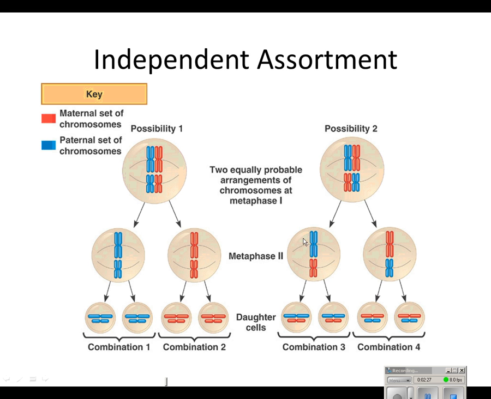So here we get one of the big paternal and the small maternal, and here we get the big maternal and the small paternal. So it's just randomly assorting the chromosomes, which have different genes on them. So now if one of these were a sperm cell, it combines with a randomly combined egg cell, and we get genetic variation. So the two ways that we get genetic variation through meiosis are crossing over and independent assortment.